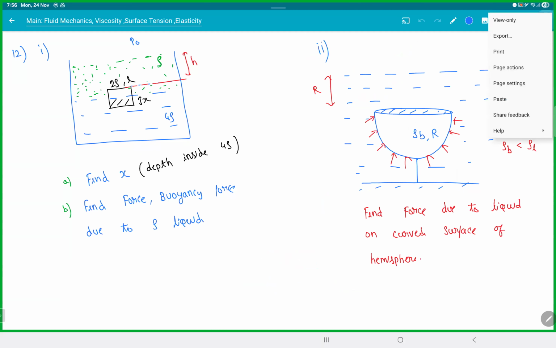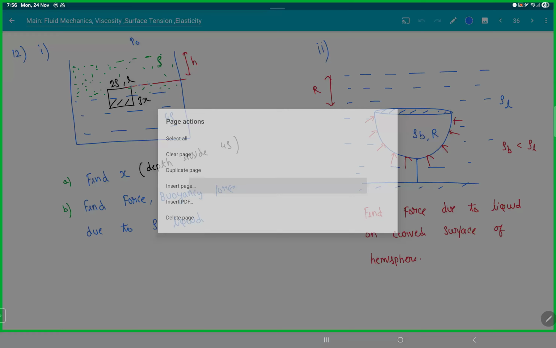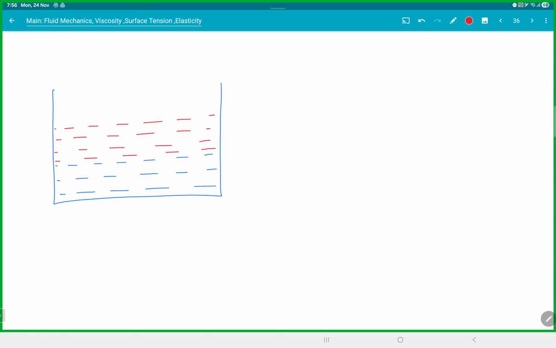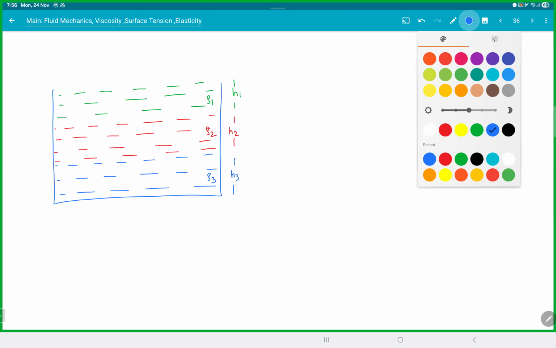So if I had to ask you one more question on this, suppose let's say we have 3 liquids. Let's say the heights are H1, rho 1, H2, rho 2, H3, rho 3.